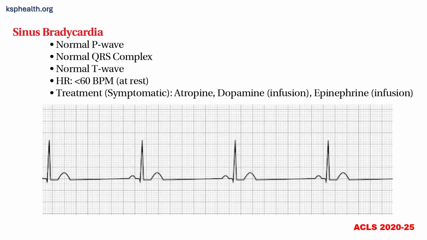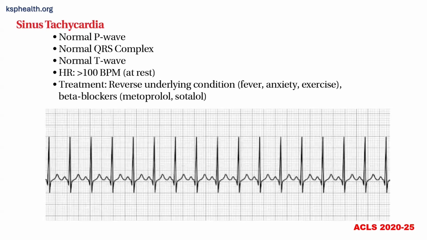They will have normal P wave, normal QRS complex, normal T wave. The heart rate is less than 60 beats per minute at rest. Treatment only if they are symptomatic. Asymptomatic, you don't have to treat the underlying cause. If they are symptomatic, need to treat with atropine or dopamine infusion or epinephrine infusion.